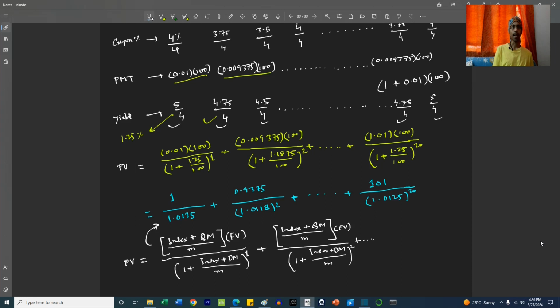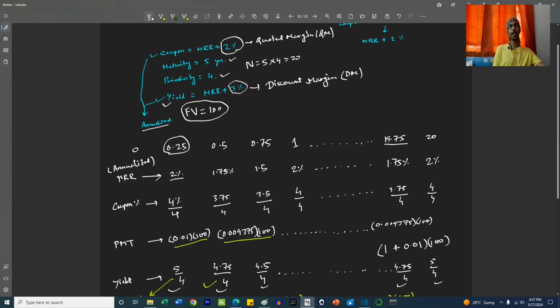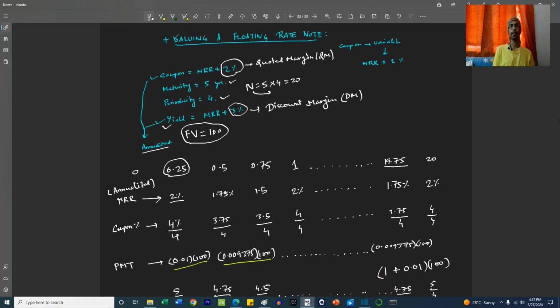This goes on till the last period, which is FV, the future value, plus index plus QM by the periodicity into FV, divided by 1 plus the index plus discount margin by M to the power N. Here N is basically the maturity in number of years multiplied by the periodicity.